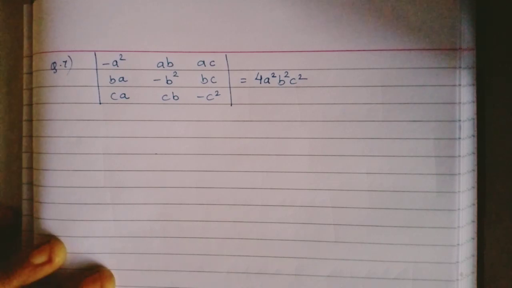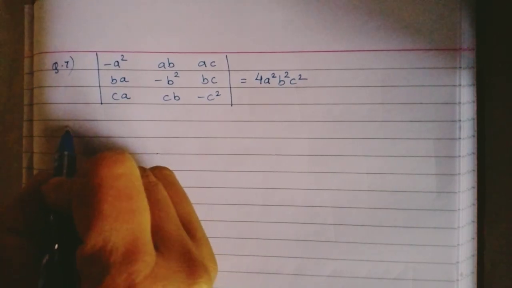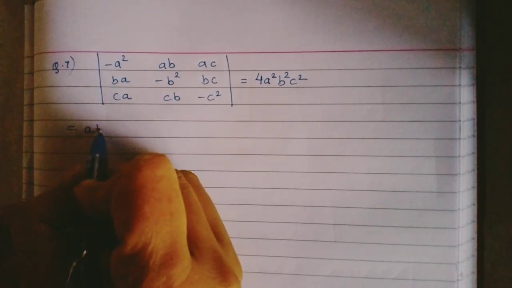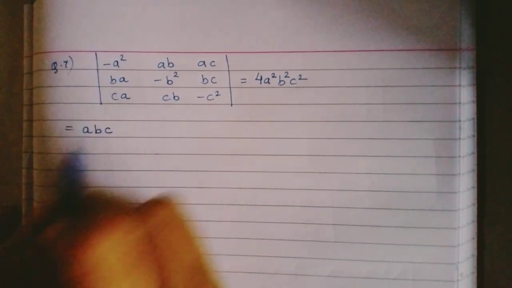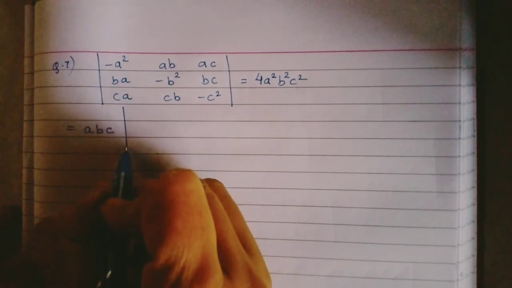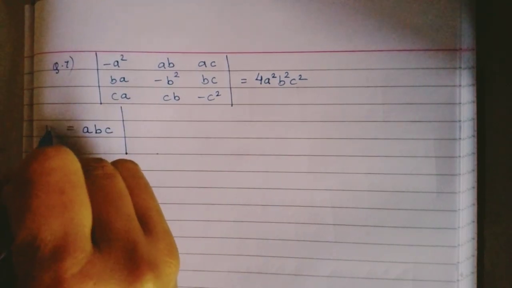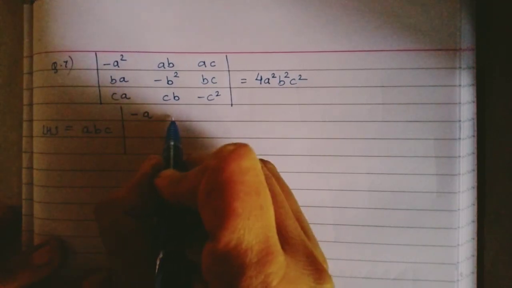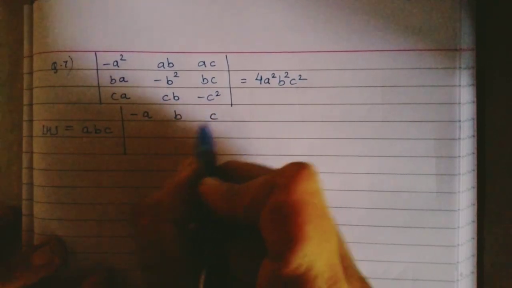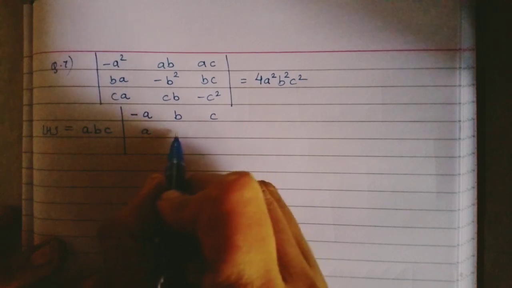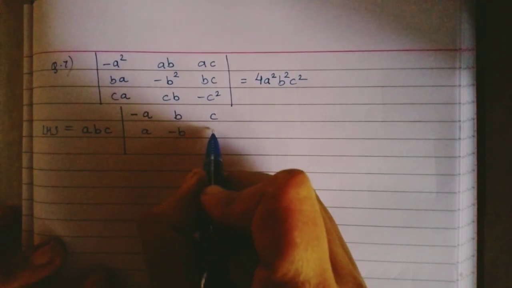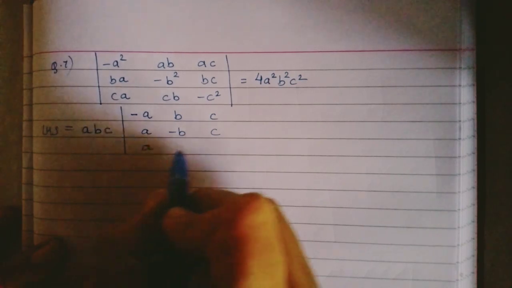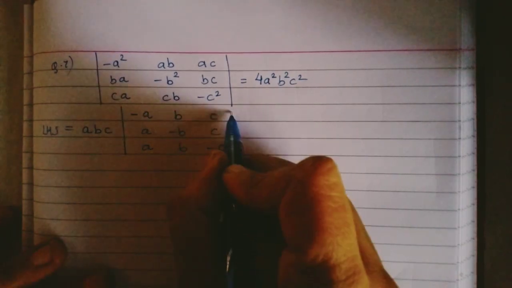So from R1, I am taking out A, from R2 I am taking out B and from R3 I am taking out C. So you will get minus A, B, C; A, minus B, C; and A, B, minus C.